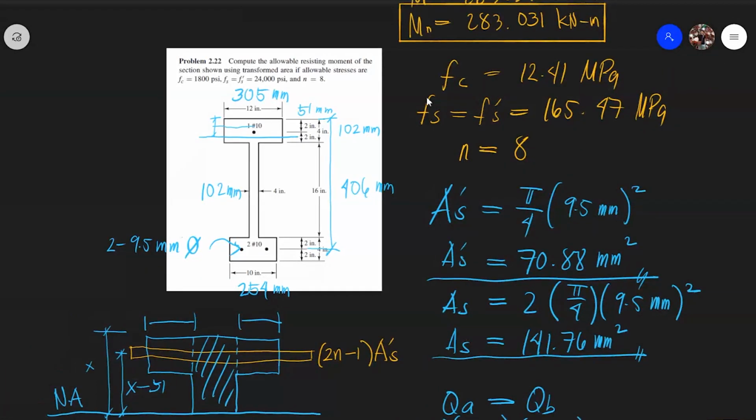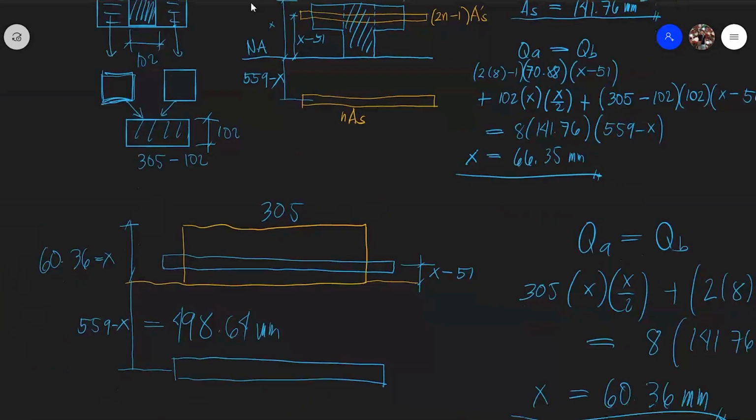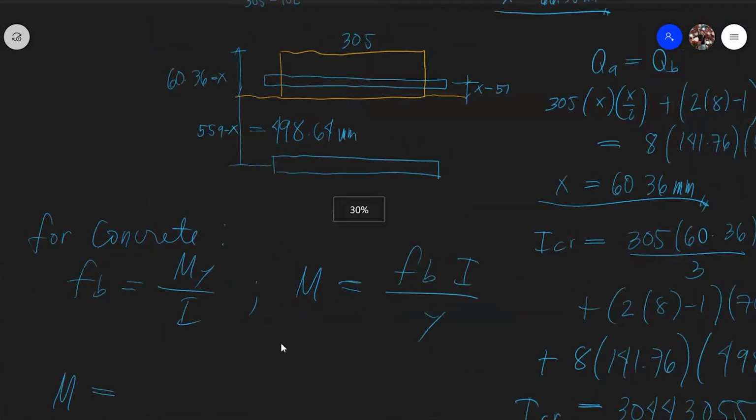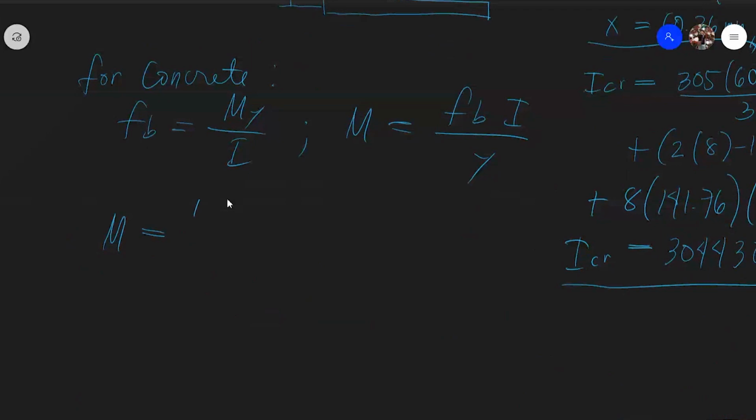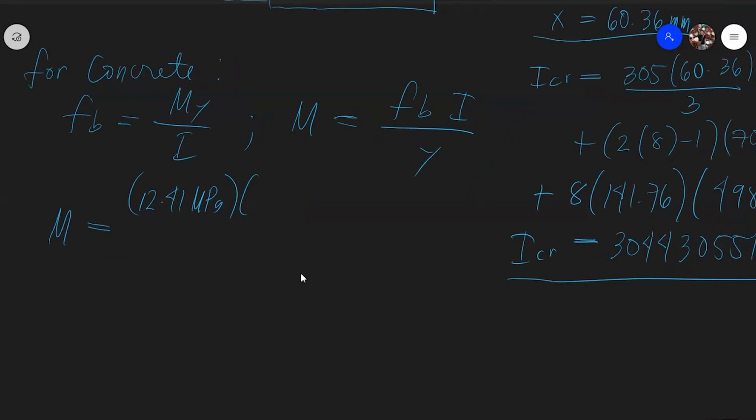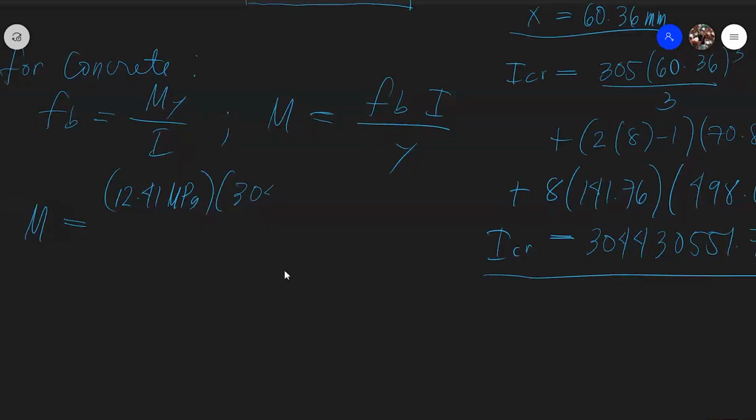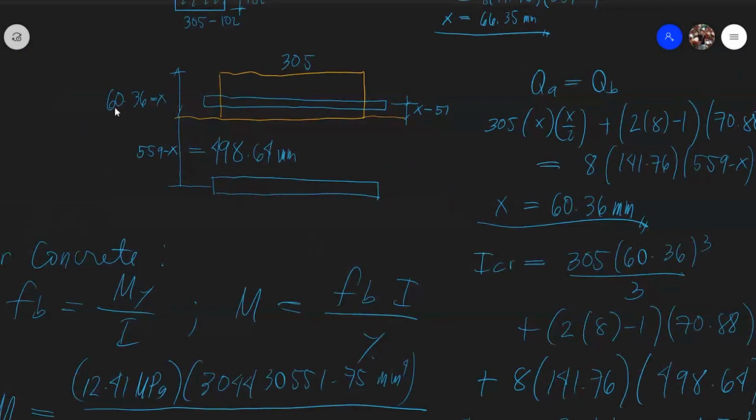FC is 12.41 megapascal, so we'll use that, 12.41 megapascal multiplied by your I. We already solved for I, and that is 3044 30551.75 mm raised to 4, all over Y, which is of course 60.36 mm.